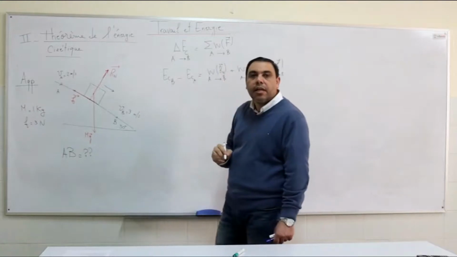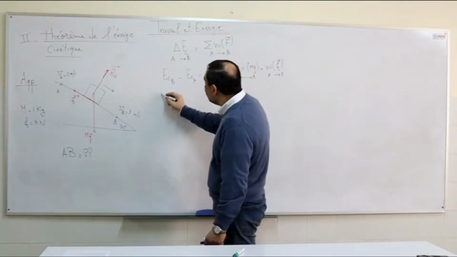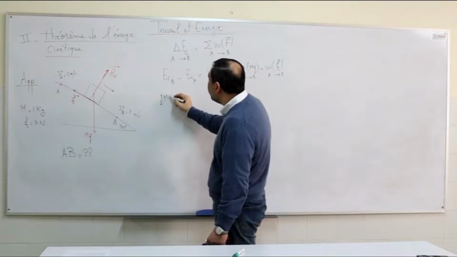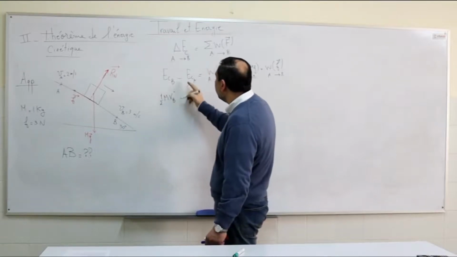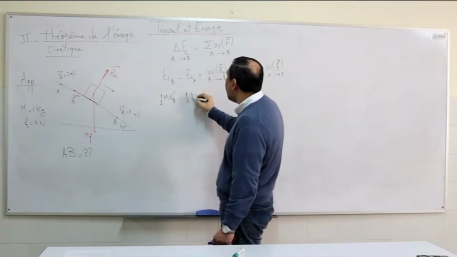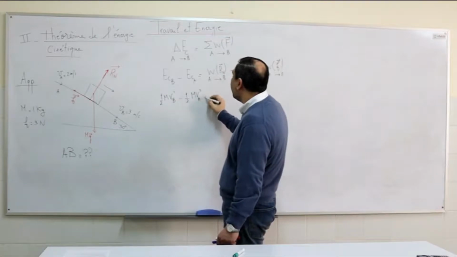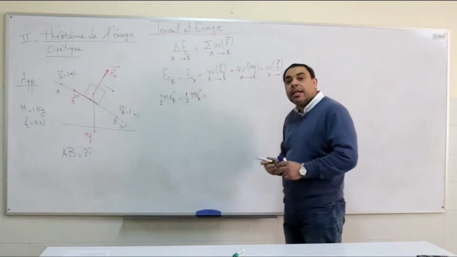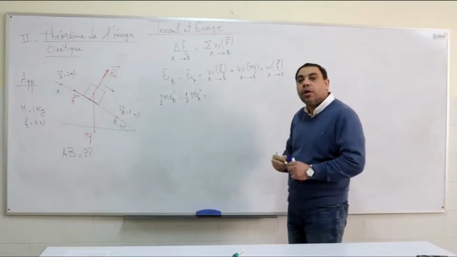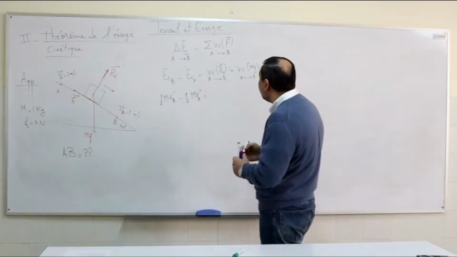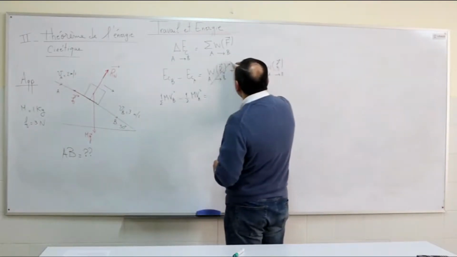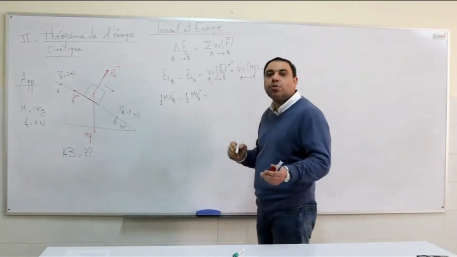What is the kinetic energy at B equal to? Half m vB squared minus half m vA squared. What about the work of the reaction of the support? It is 0, since Rn is perpendicular to AB.